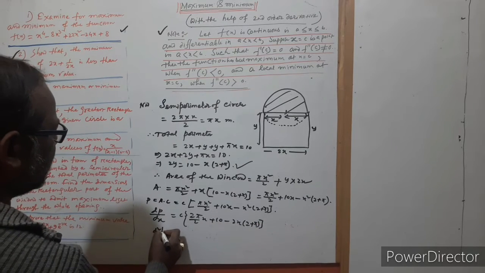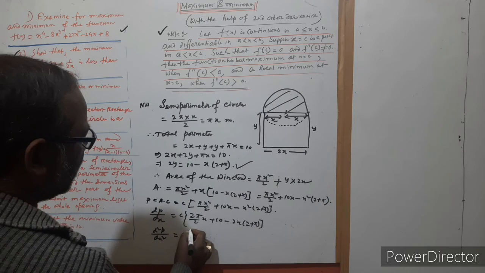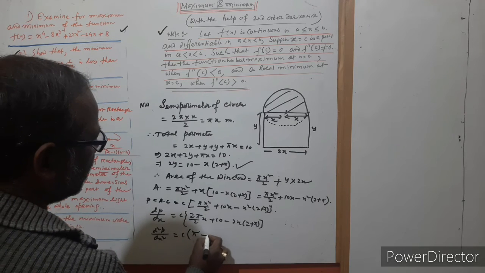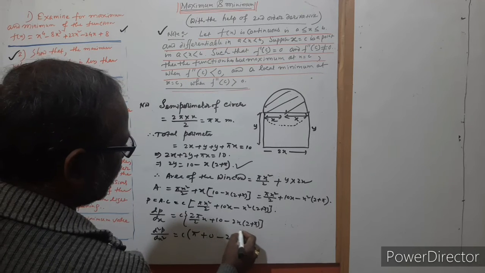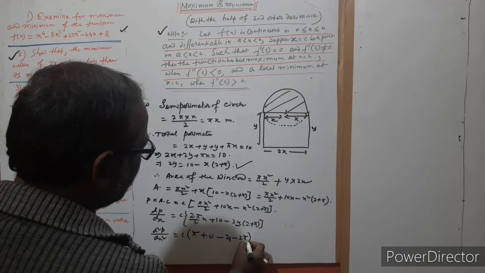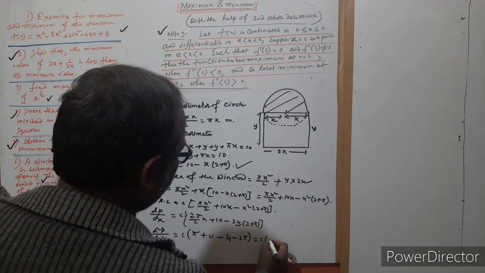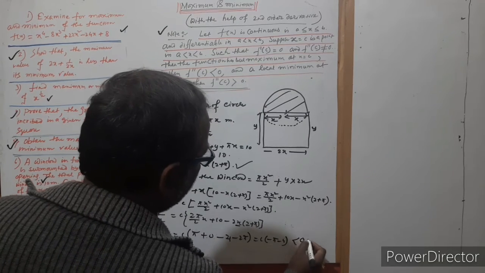Again differentiate, we get here pi, minus 4, and this is 2 pi, and then we get minus pi and minus 4, and this is negative.